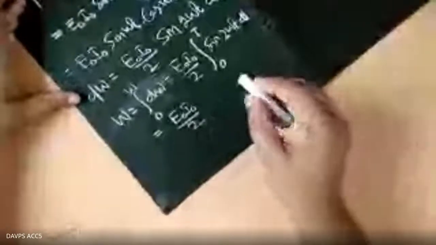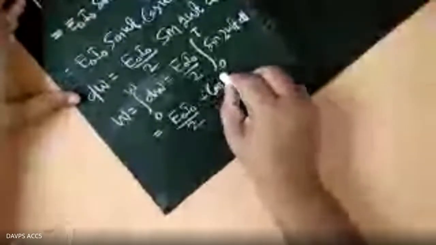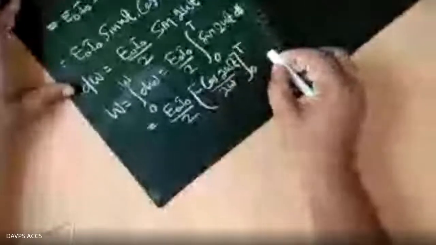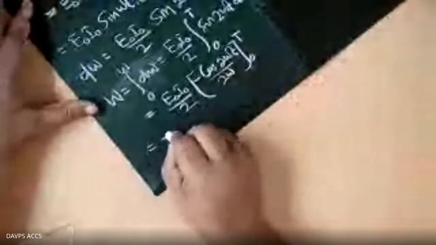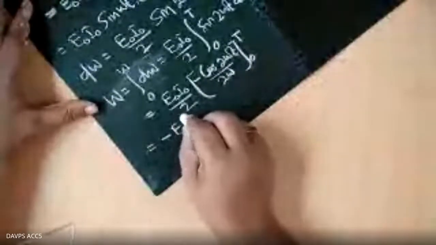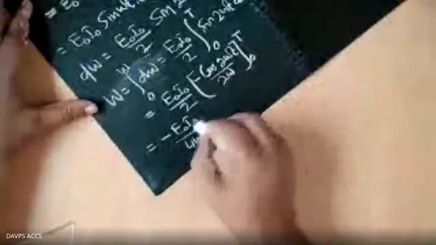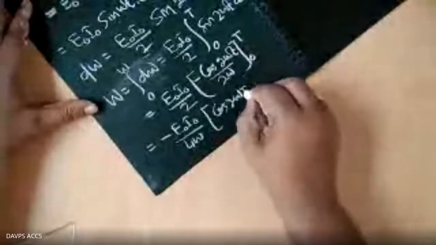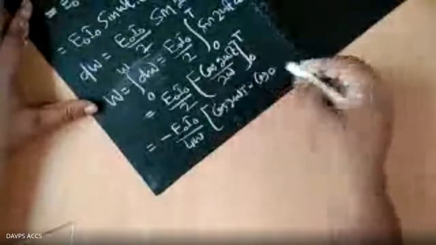The integration of sin 2 omega t is minus cos 2 omega t by 2 omega, from 0 to t. This will be equal to minus E naught I naught by 4 omega times cos 2 omega T minus cos 0. Same pattern you are getting: cos 2 omega T equals 1 and cos 0 is also 1.